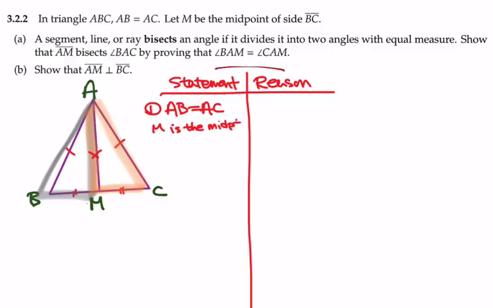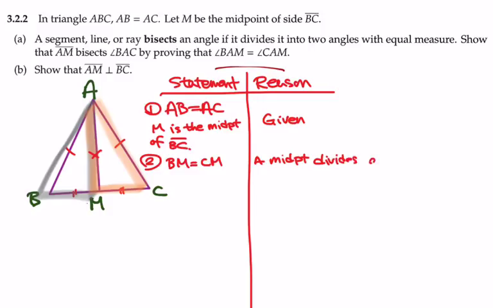And then that's the given. And second, we get to realize that BM is congruent or equal to CM. Why? Because a midpoint divides a line segment into two equal parts. So that's what I'm writing here.